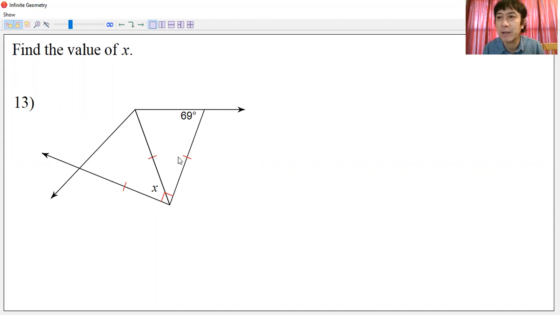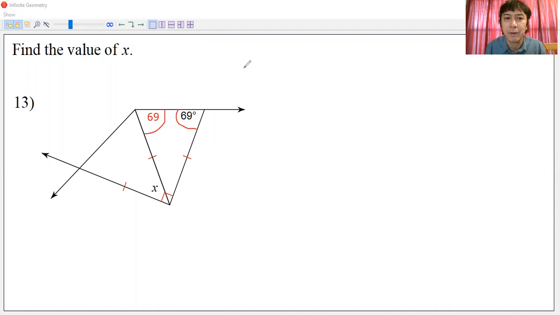An isosceles triangle is a triangle with two sides congruent. If these two sides are equal, then these two base angles are 69. So we can actually type in there 69 there. So that means this is the given. You can conclude this is also 69.